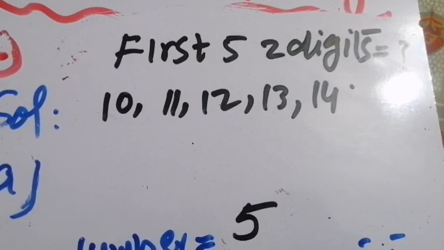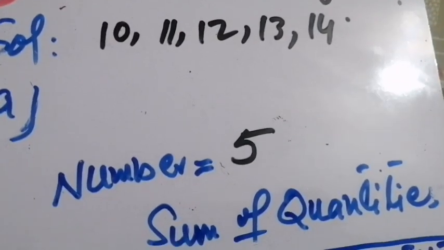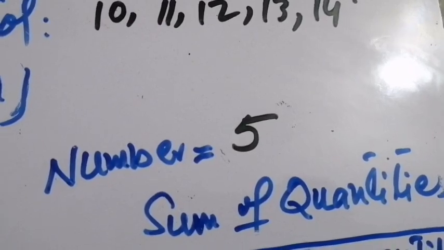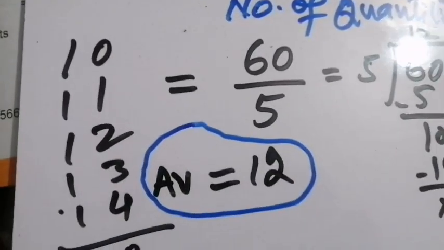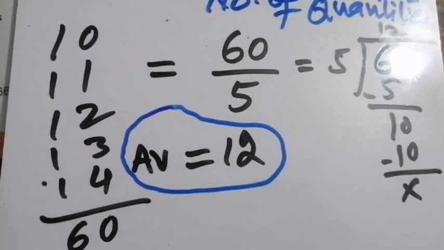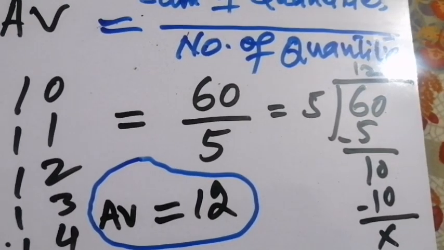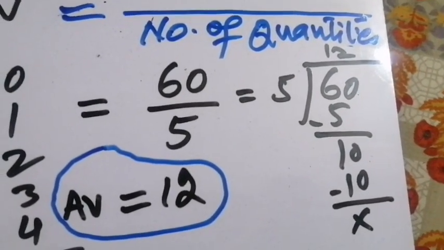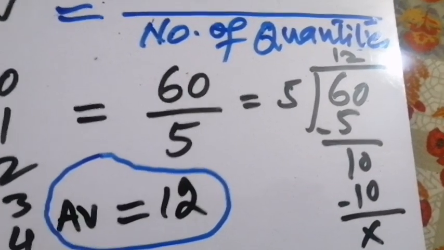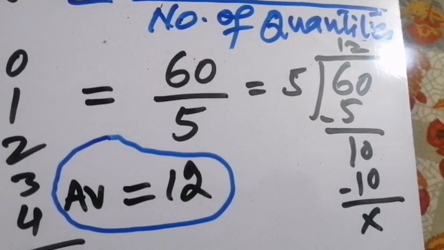The total numbers are 5, and when we add up all these numbers, the sum becomes 60. So 60 divided by 5 is equal to 12. So our answer is 12. Part A, question number 2.